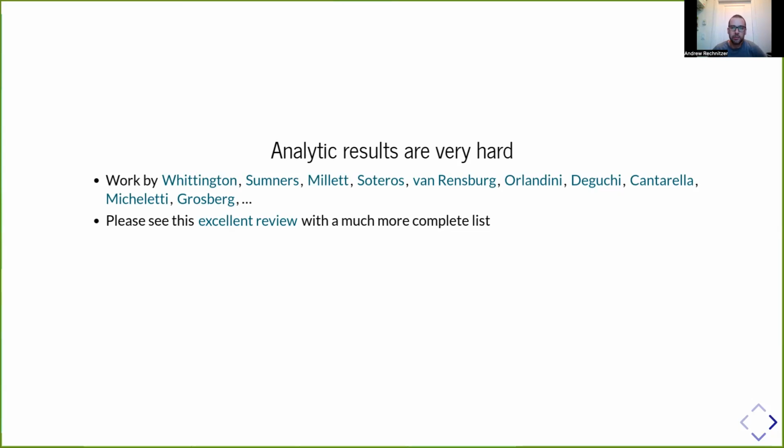There's a very large literature on this, each trying to eke out some rigorous analytic results here, as well as a whole bunch of numerical simulations. I can point you at a nice review article here if you are interested in more.